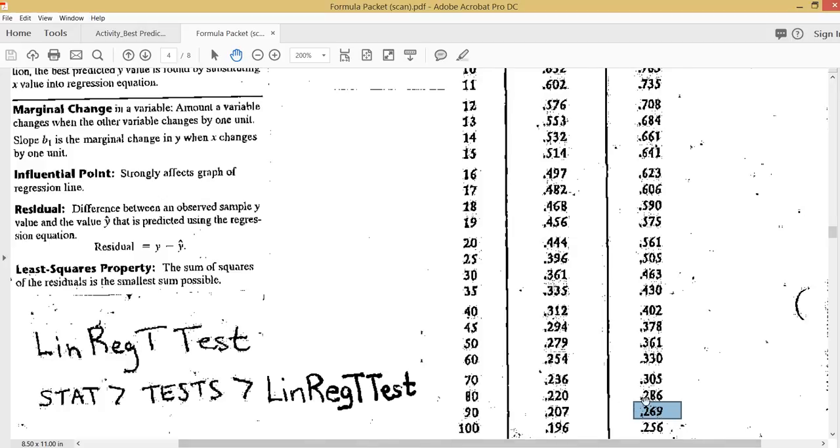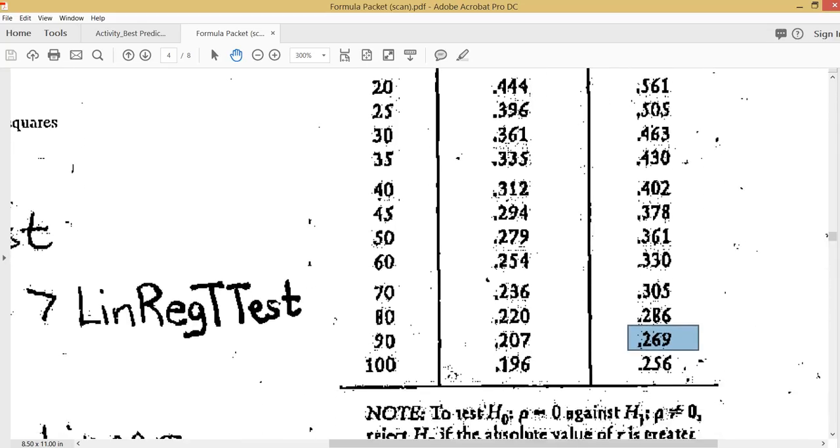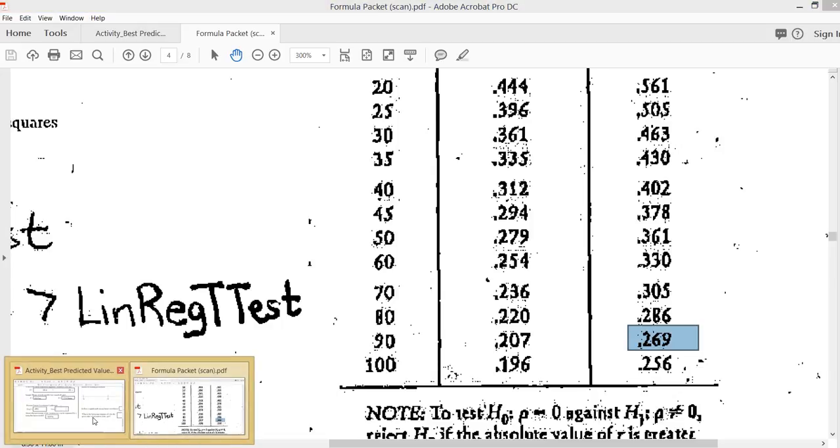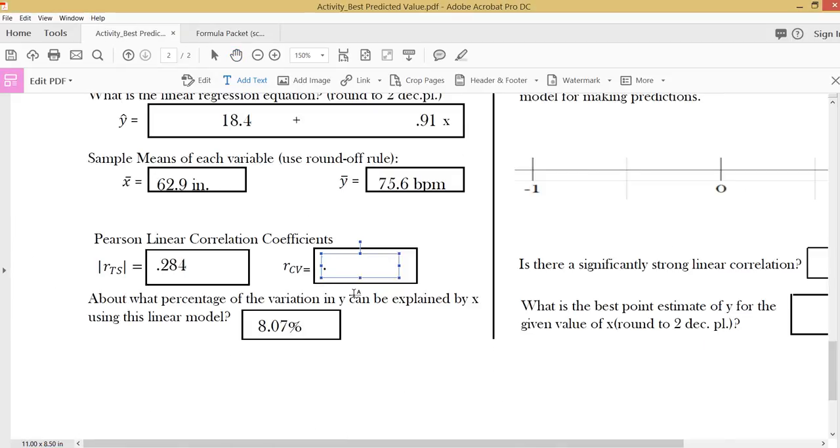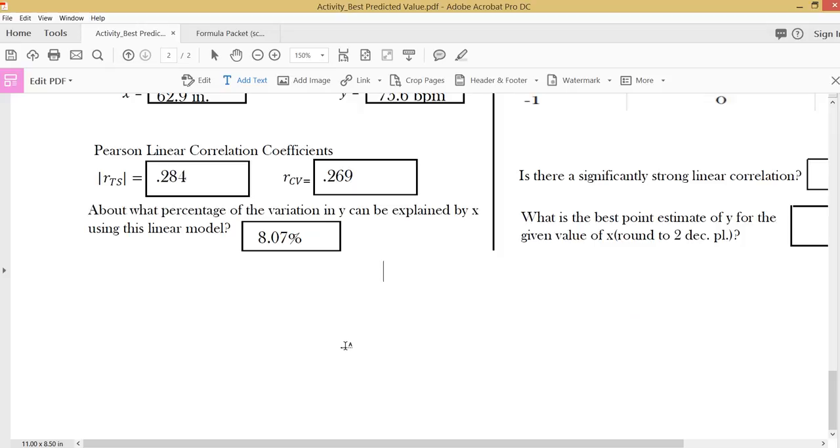So we get that critical value of 0.269. Now, is my test statistic stronger than the critical value? Yeah, it's higher, right? 0.284 is greater than 0.269.